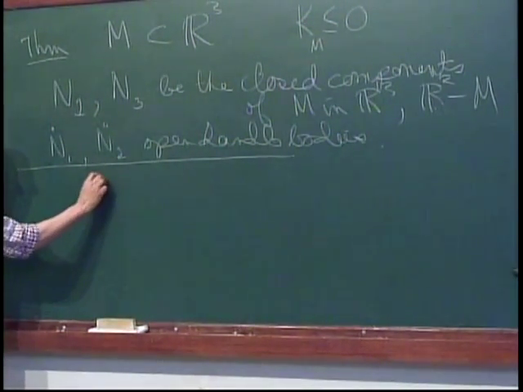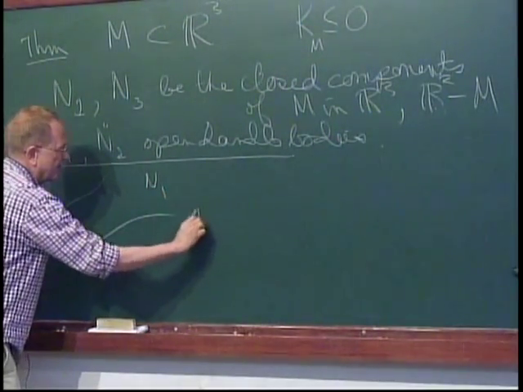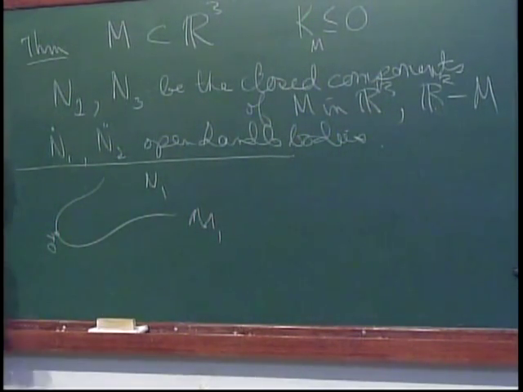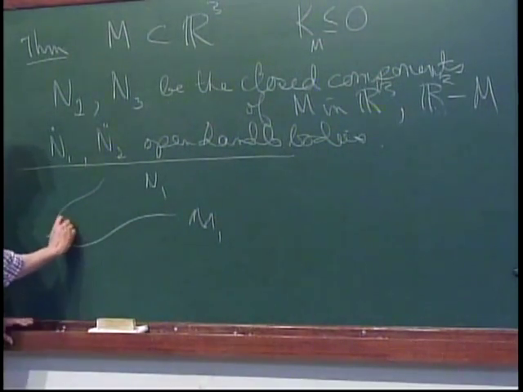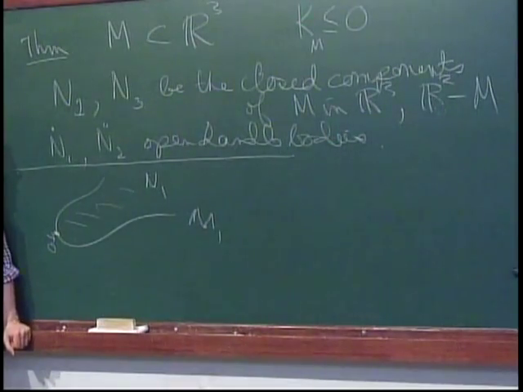So just to do the picture, suppose this is N1, here's the surface. And just for making it easier, suppose the surface goes through the origin. You could always translate it so it had this property. It's not going to change our question, right? And here's our region N1 on this side. Then I want to think in the terms of Morse theory.